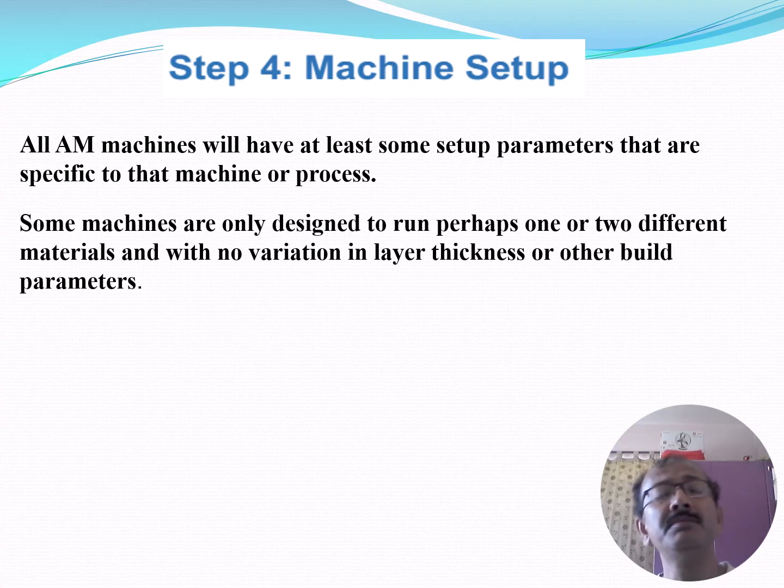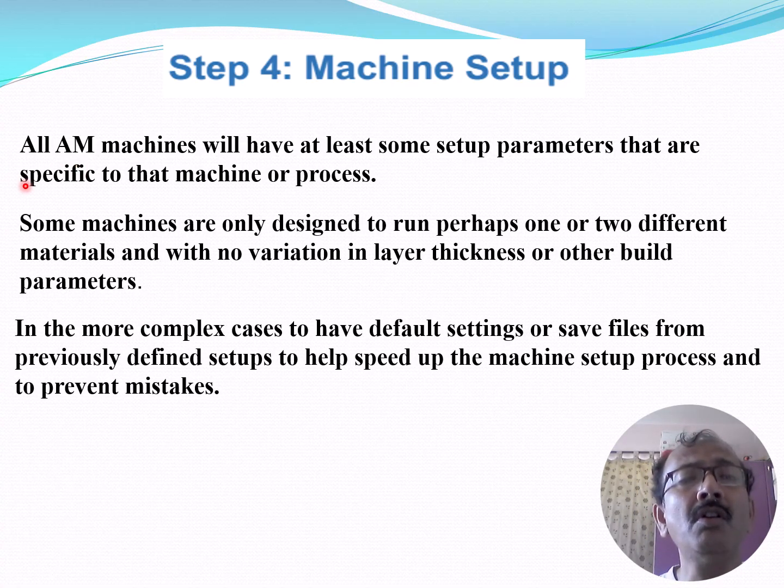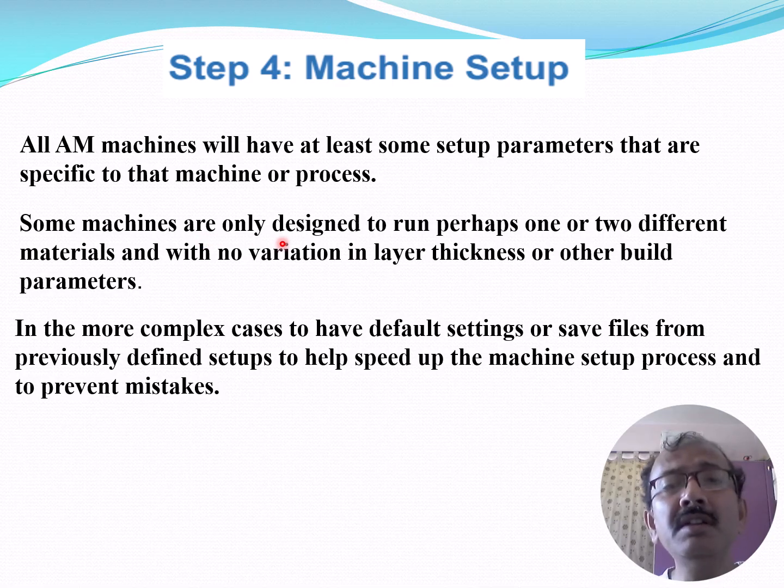Now machine setup. All AM machines will have at least some setup parameters that are specific to the machine or process. So every machine has some particular setup process. Some machines are only designed to run perhaps one or two different materials, with no variation in layer thickness or other building parameters.